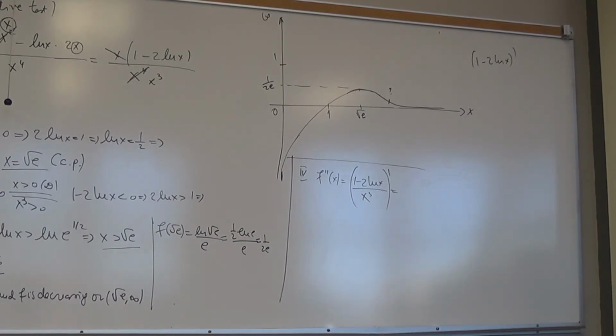Those of you who finished, can you solve the second derivative with the quotient rule? Now you have the numerator prime. Only the numerator prime I asked for: 1 minus 2 ln of x, prime.